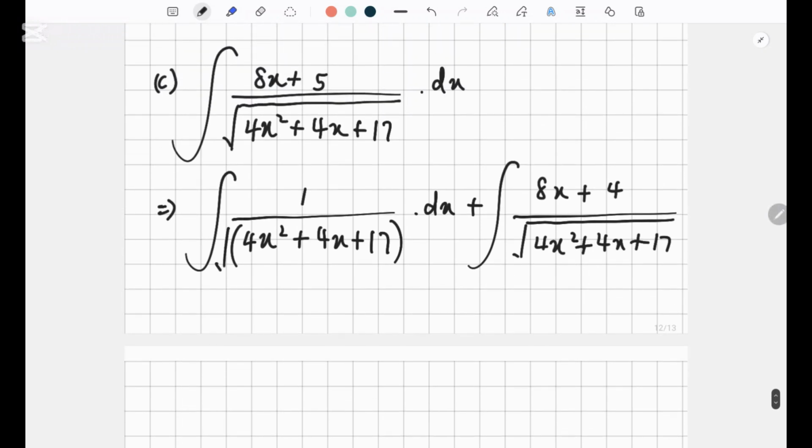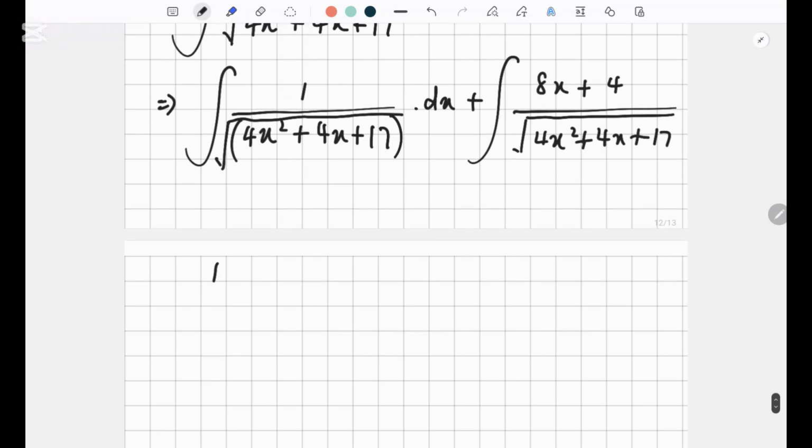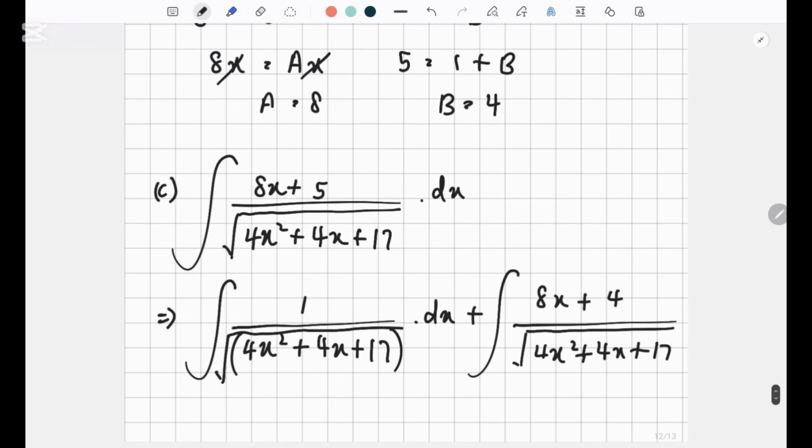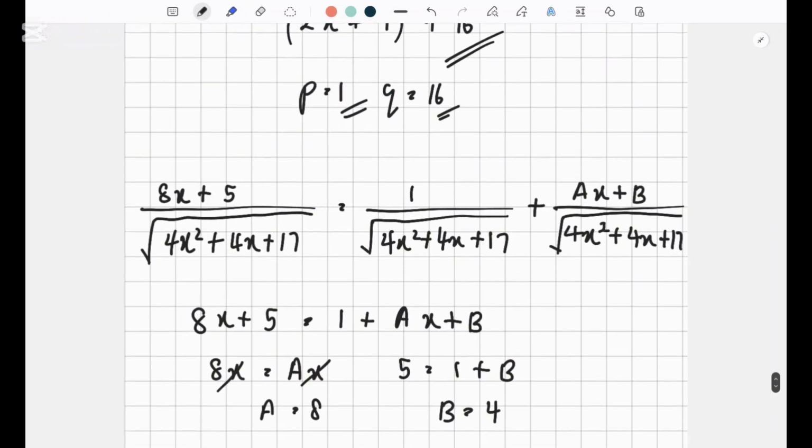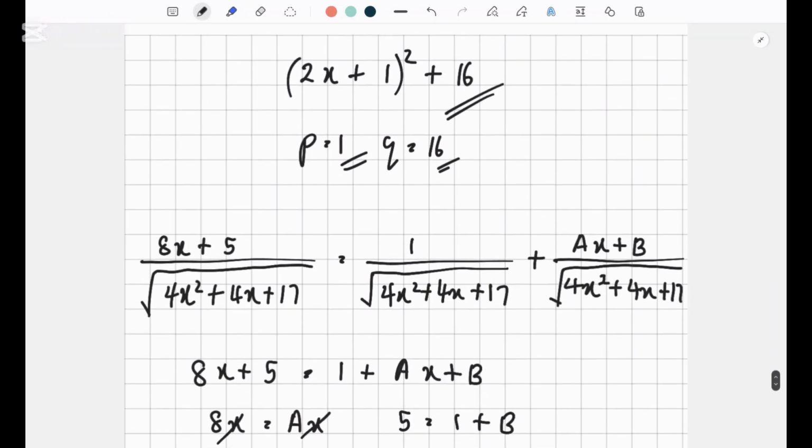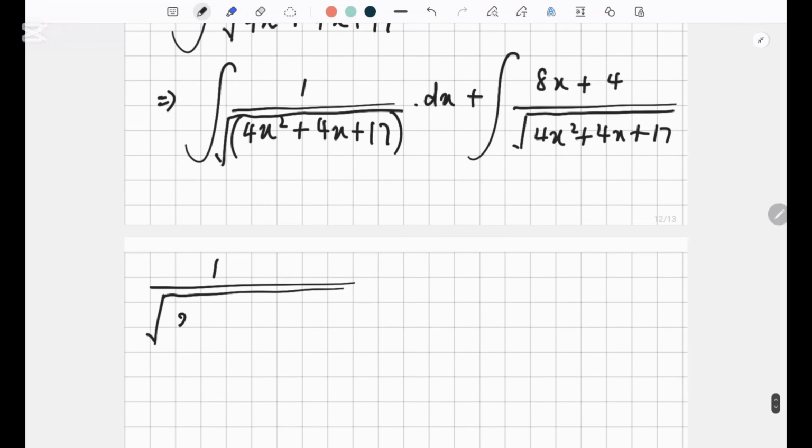I forgot to put in the square root. So that's 1 over the square root. Instead of writing 4x² + 4x + 17, we can use the completing the square formula. So we can write (2x + 1)² + 16 dx.